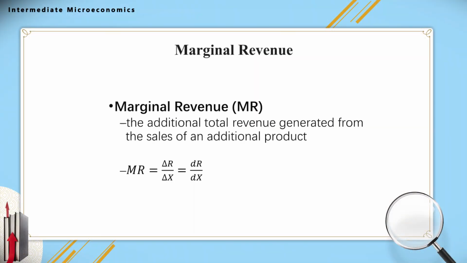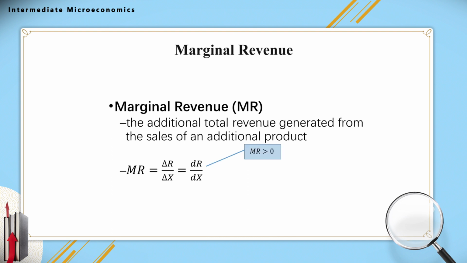It is equal to the change in total revenue divided by the change in quantity sold. When the quantity demanded changes by a very tiny amount, marginal revenue is the derivative of total revenue with respect to the quantity demanded. The value of marginal revenue shows how total revenue changes as the quantity changes.